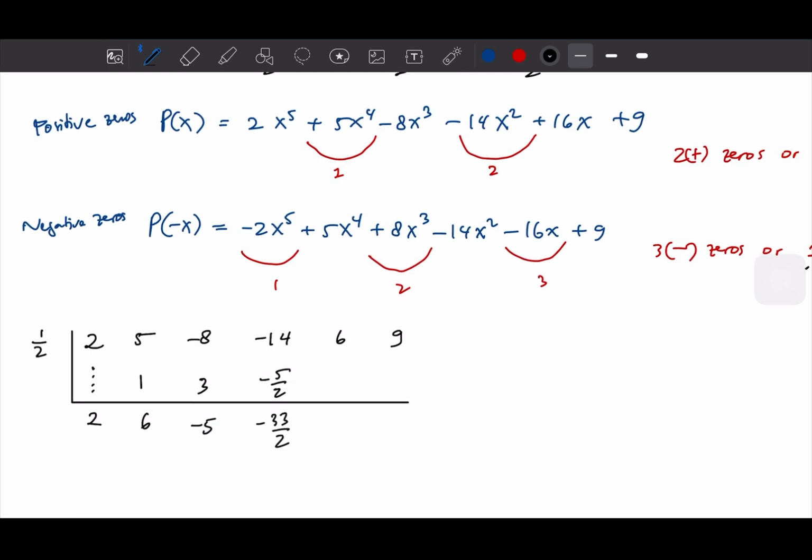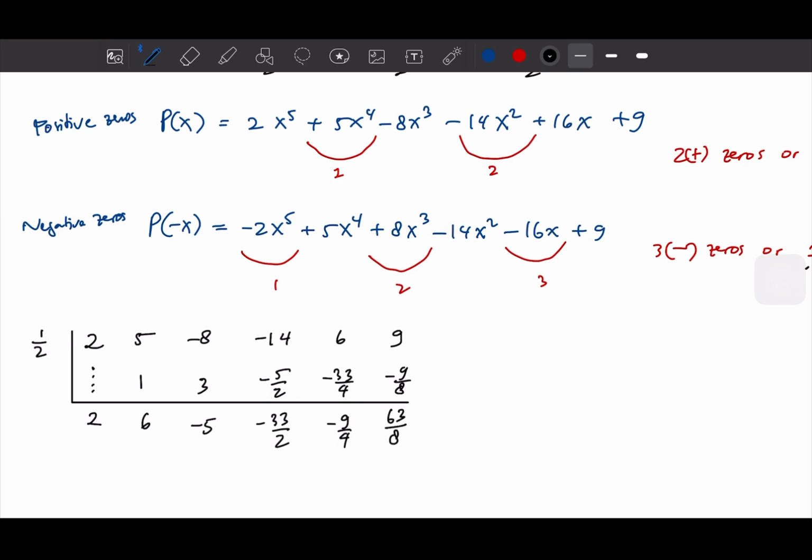So perhaps we are going to see a non-zero remainder. So good to check also. This will be 72 minus 9 is 63 over 8.